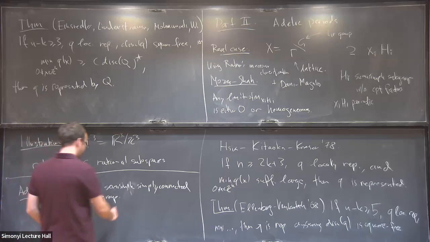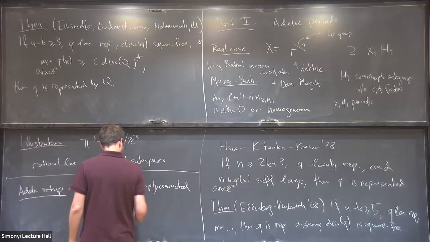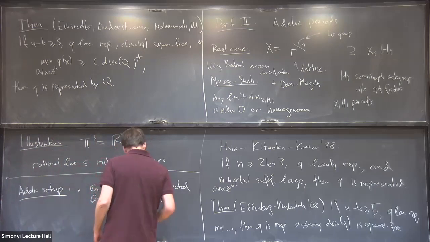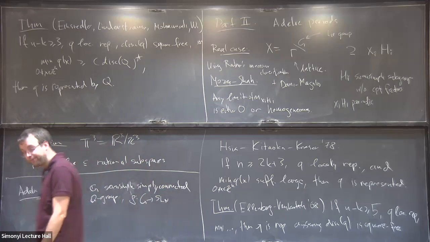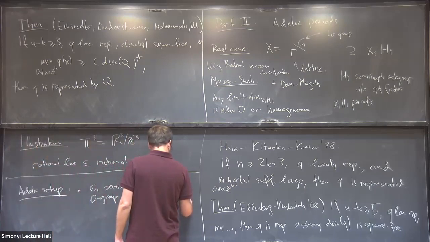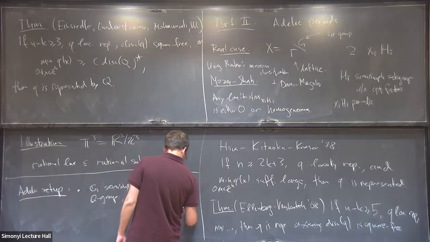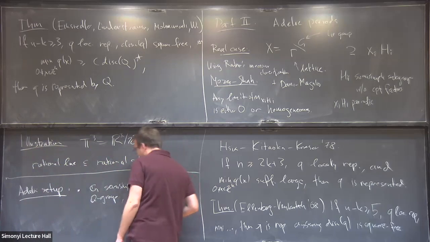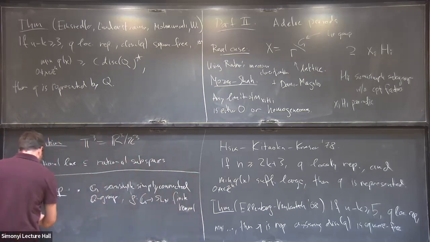Good, so I have G. And I'm embedding G in some way into some SL_N. It's an exact embedding, but I'm allowing myself to define the kernel.